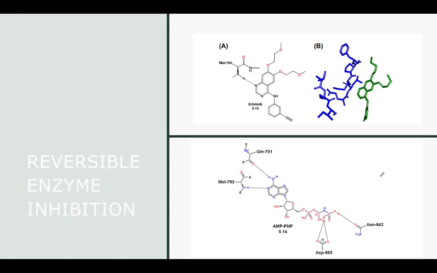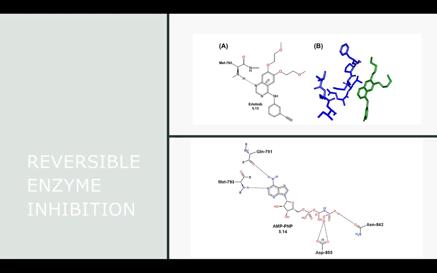But as studies were done, it was actually shown that this particular drug, erlotinib, was not competing with the tyrosine for binding. It was actually binding where the ATP would bind.